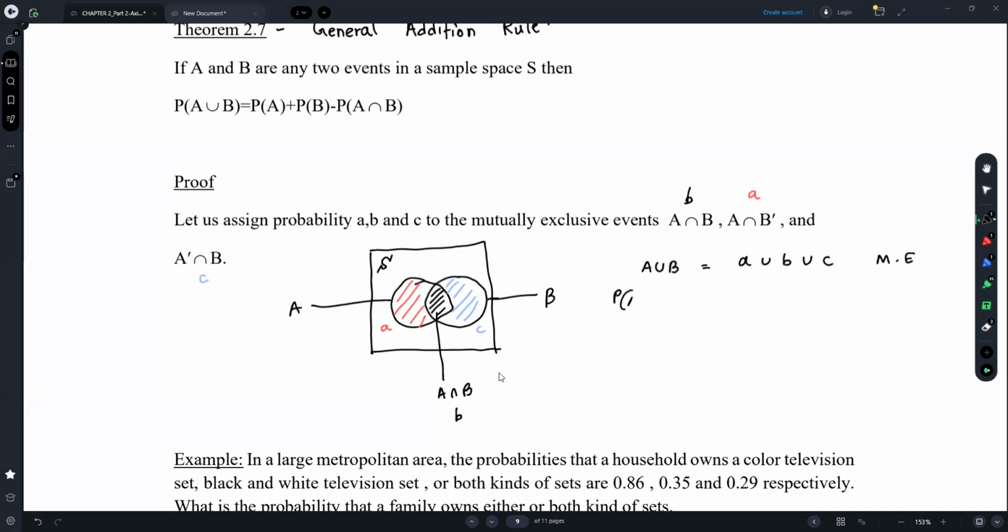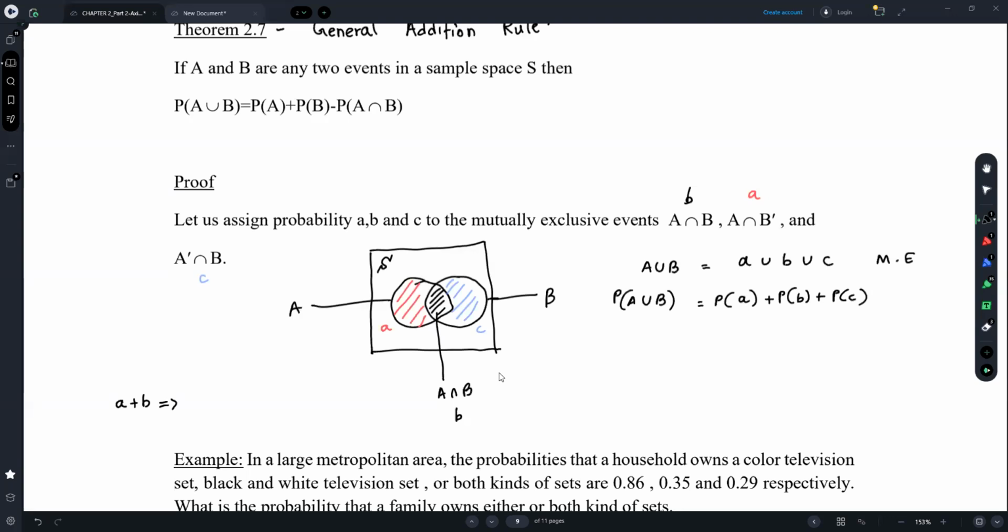So if I write probability of A union B, you get probability of this A. Now my small a is this area, plus P(B) plus P(C). Okay. Now before that, I can do something like this. I'm going to add and subtract a certain value so I can combine. Because if you combine A and B, what do you get?